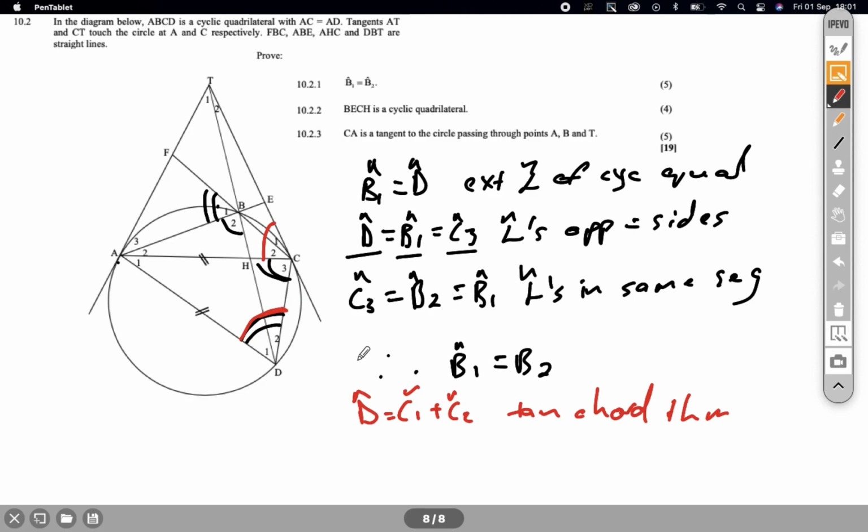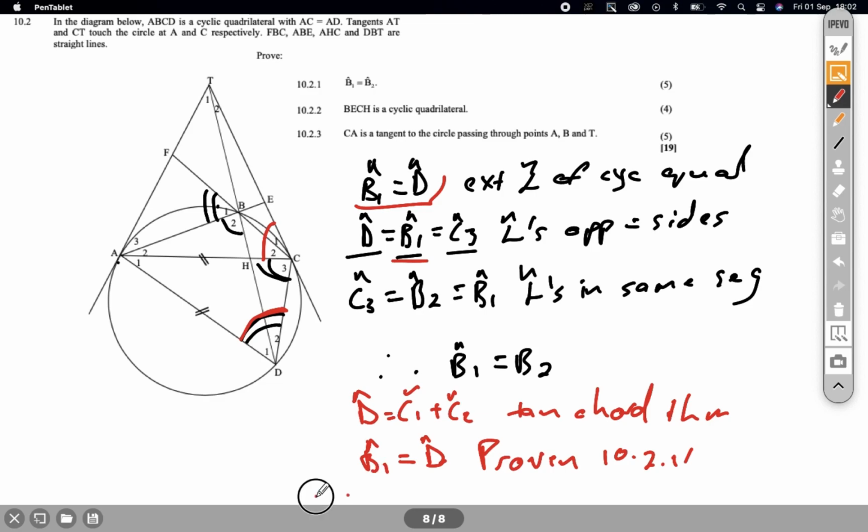But then remember that we had proven that B1 is equal to angle D. So proven in 10.2.1. So from here, remember? So now, if this is a cyclic quad, then the exterior angle of a cyclic quad is equal to the interior.